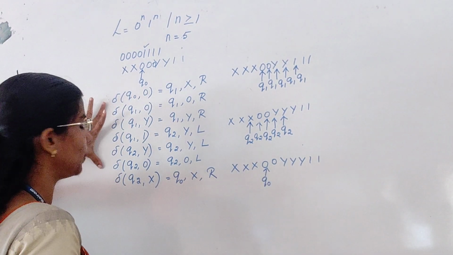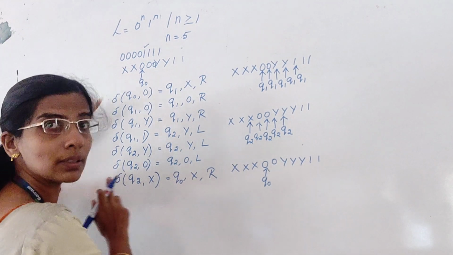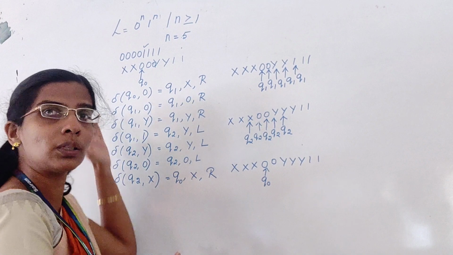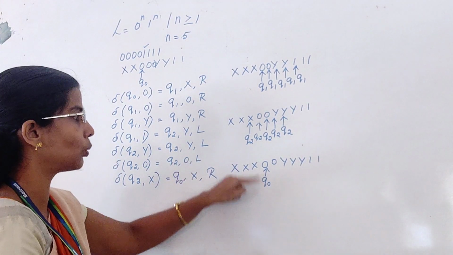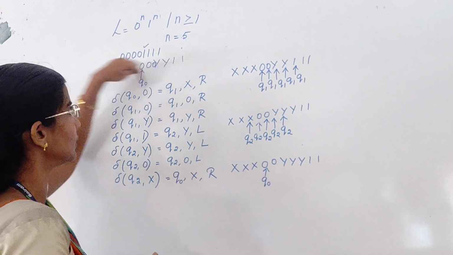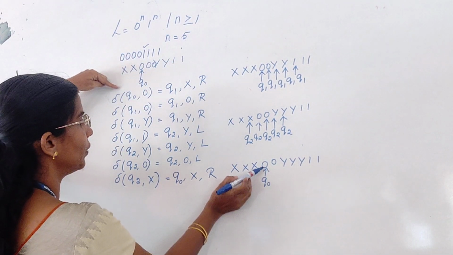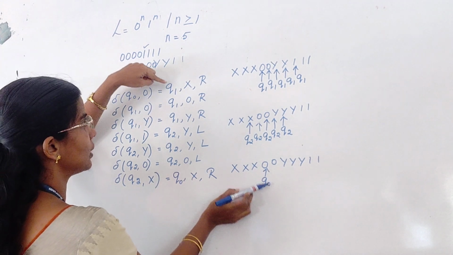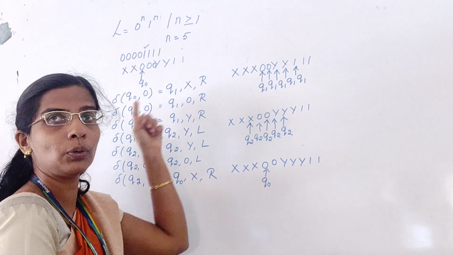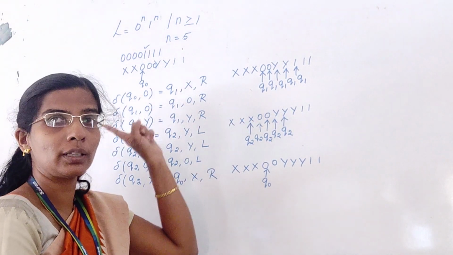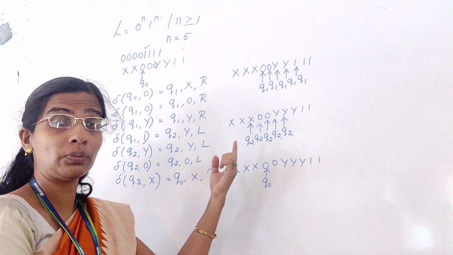This complete set of transitions is like a loop. For every iteration only these transitions will be repeated. Again q0 comma 0, take this transition, you can work out. When q0 reads 0, there is a state change to q1 and this 0 is replaced with x. Then you travel towards right until you get your first 1 and replace that 1 with y.